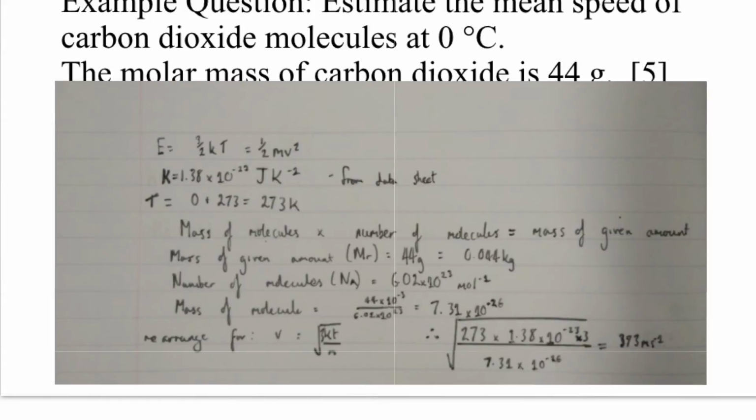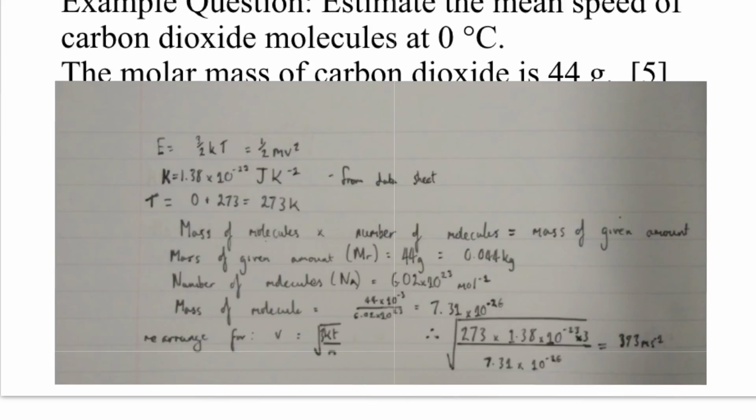We have it in Celsius, but we need to turn it into Kelvin, so to convert we add 273 Kelvin. We also need the mass of a molecule. We have the mass of 1 mole of carbon dioxide molecules, and we know the number of moles, Avogadro's constant, and the mass, 44 grams.